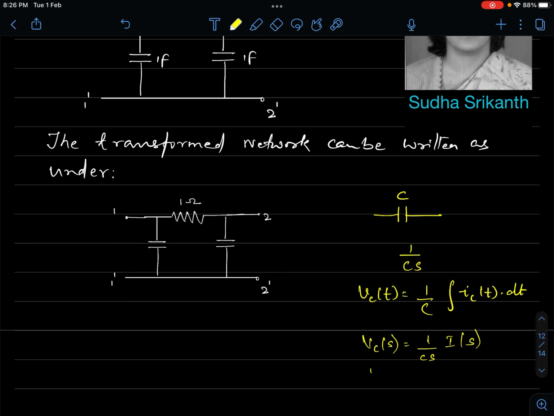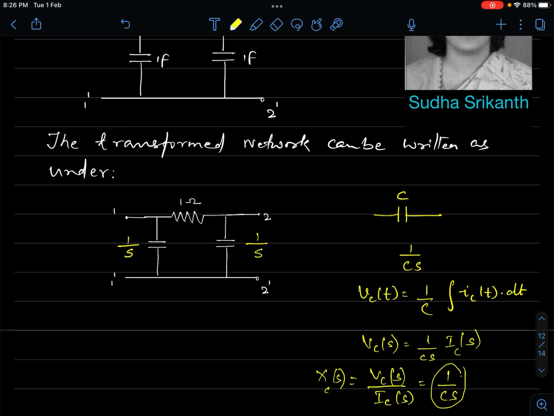So your impedance will become Vc of s to Ic of s, which is equal to 1 by Cs. This is how you represent the impedance of the capacitor. The V to I ratio is nothing but the impedance, the reactance Xc of s, which is 1 by Cs. So this becomes 1 by 1 into S, where 1 is the value of the capacitor C, so it is simply S.